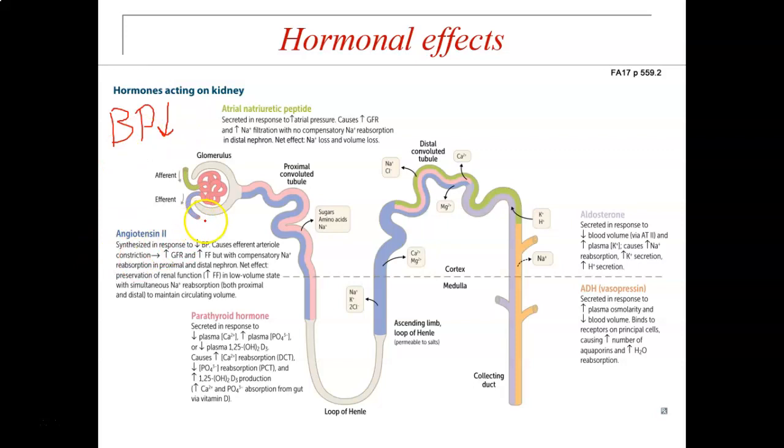So what happens? Angiotensin II, you can see right here, actually leads to a constriction of the efferent arteriole. Whoa, huh? It doesn't impact the afferent arteriole, but it constricts the efferent arteriole. Think about it for a second. What would that do to GFR?